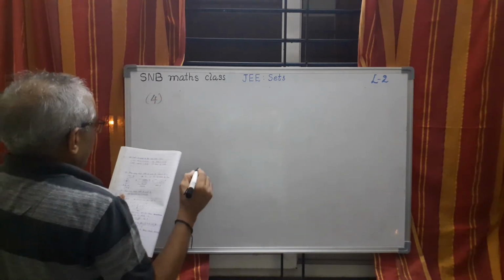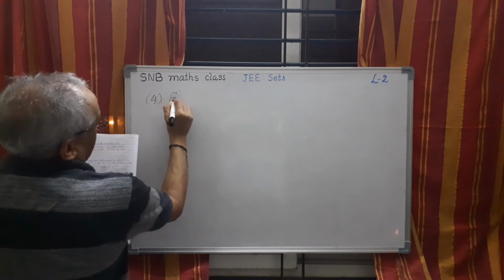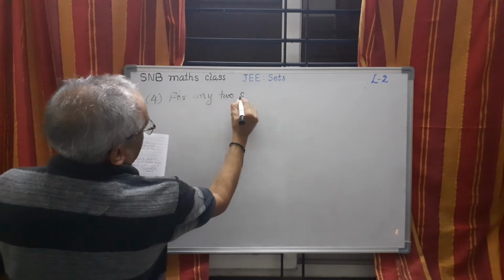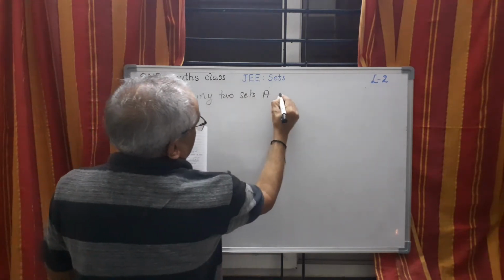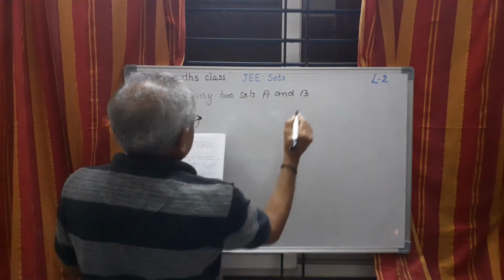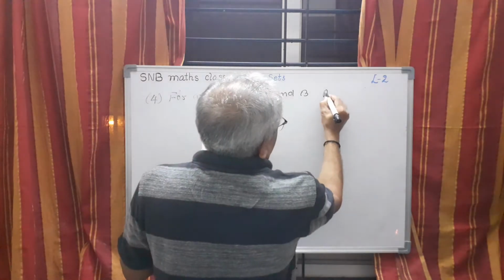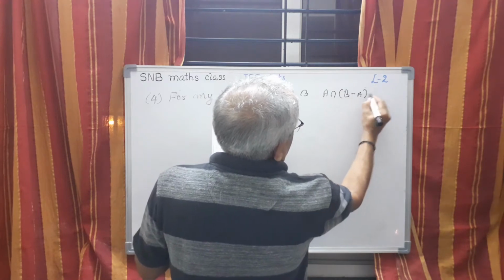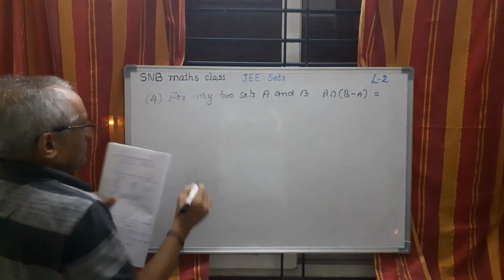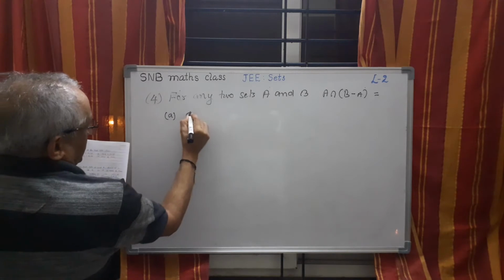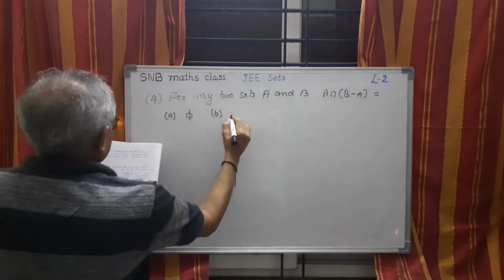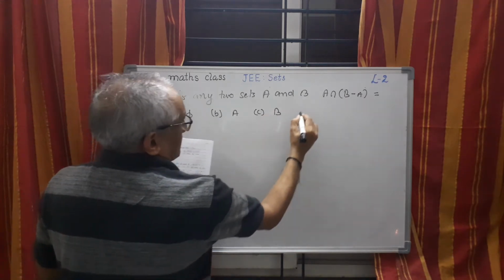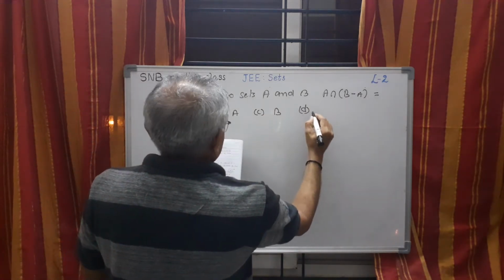For any two sets A and B, (A intersection B) minus A equals: first option is pi, second option A, third option B, and the last option D is none of these.